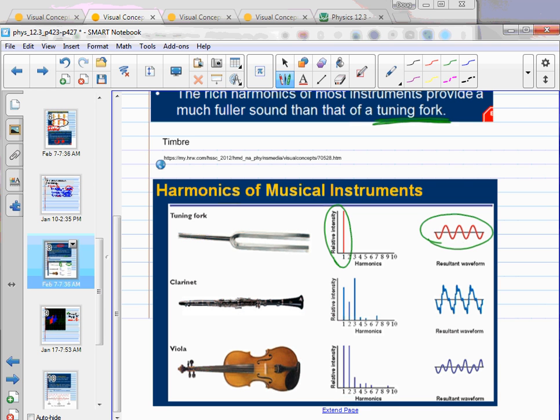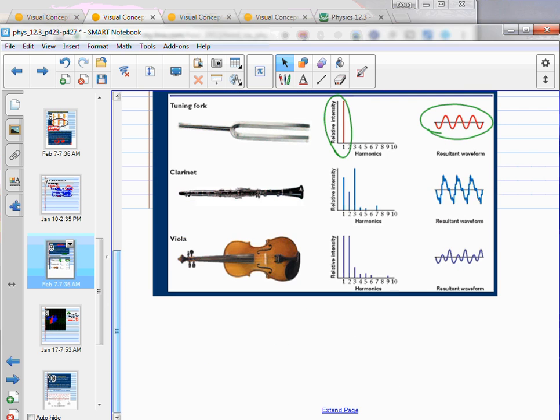Very pure tone, but there's no depth or richness to that tone. So if I play a tuning fork here, very pure tone, but no richness to it. So if we have a tuning fork, a clarinet, a viola, they are all playing the same frequency or the same note, but they sound different in timbre.